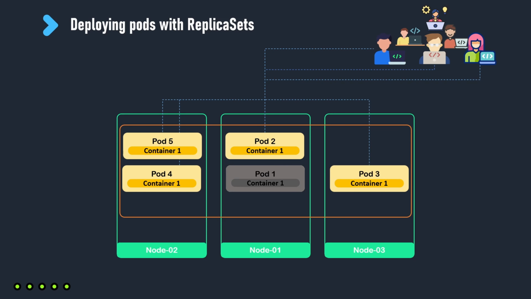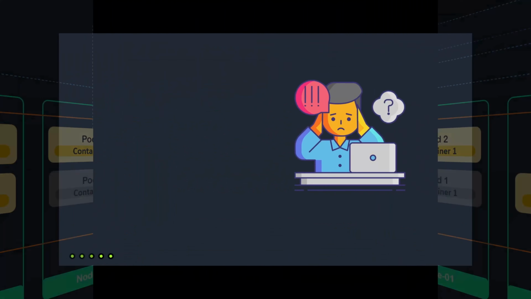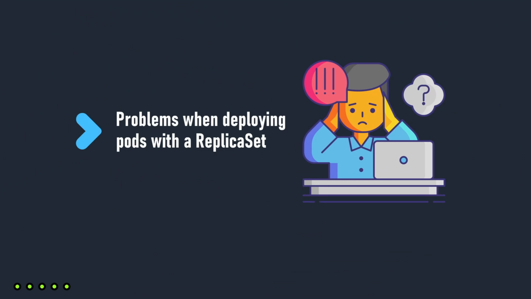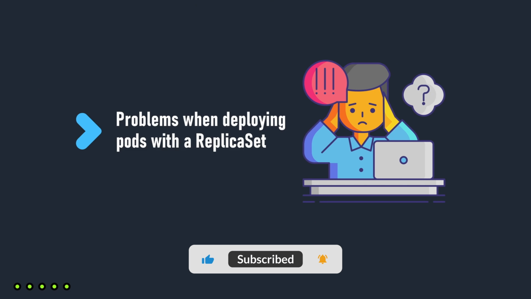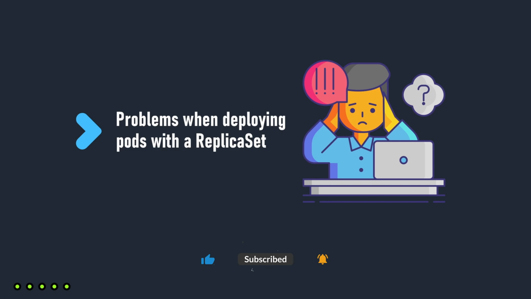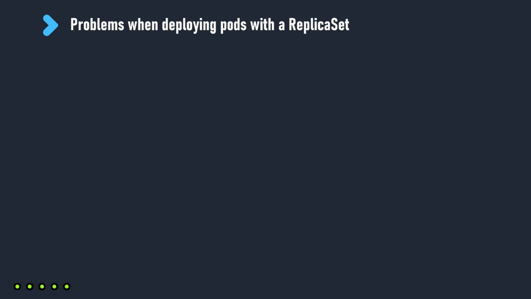In spite of these advantages, we still have some issues that can affect the user experience when deploying pods with replica sets, especially when we want to move our application from the current version to a new version. Let's understand what problems we have when deploying applications with replica sets.